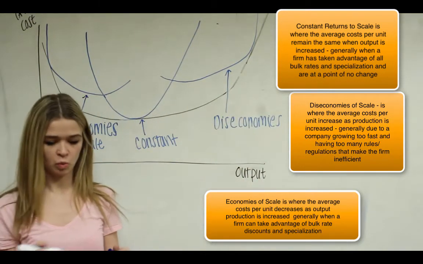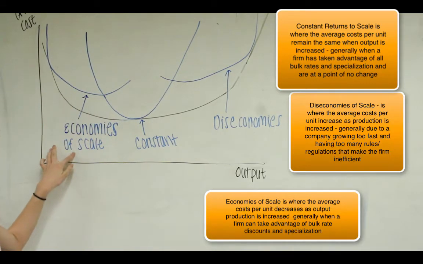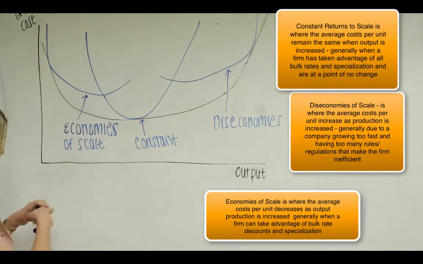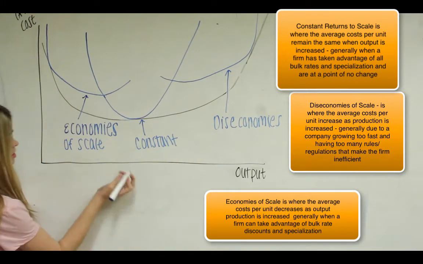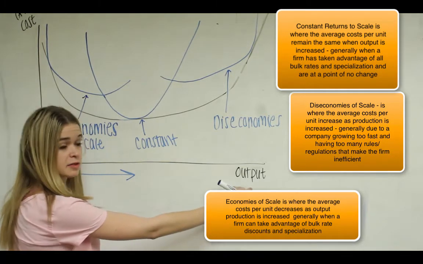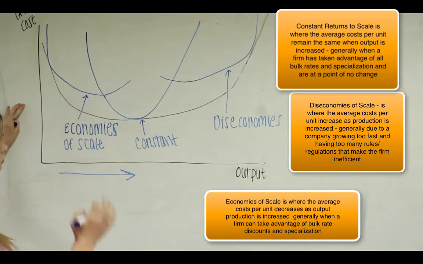All right, so what does this mean? Well, an economy of scale means that as our quantity or our output is increasing, as we move along the x-axis from left to right, our cost is decreasing.